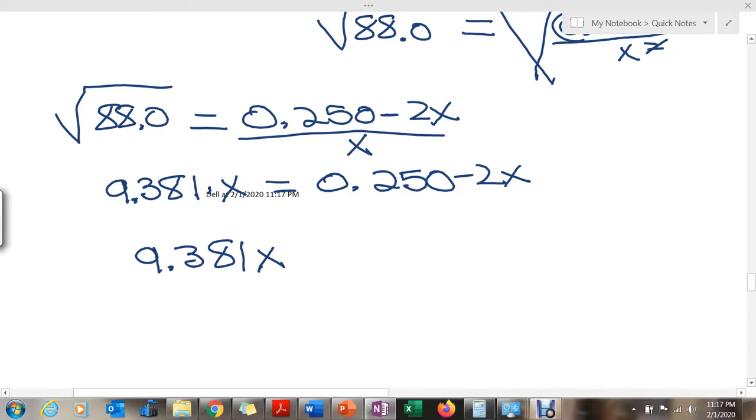Let's add 2x on both sides. Plus 2x, plus 2x equals this plus 2x.